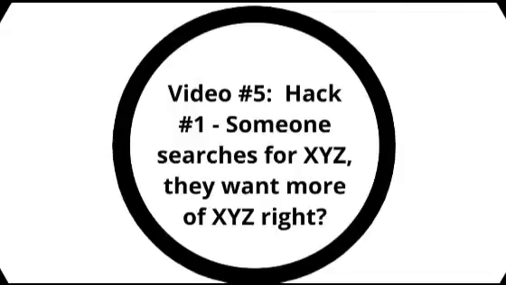In other words, they search for XYZ, they want more of XYZ, right? So how can you make it easier for them to find that information, such as related posts? What kind of plugins can you use to help with that? Because we've tested things out over the years, we figured out which plugins work the best in these cases.